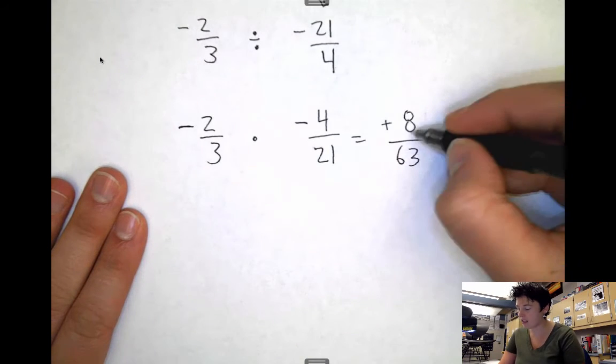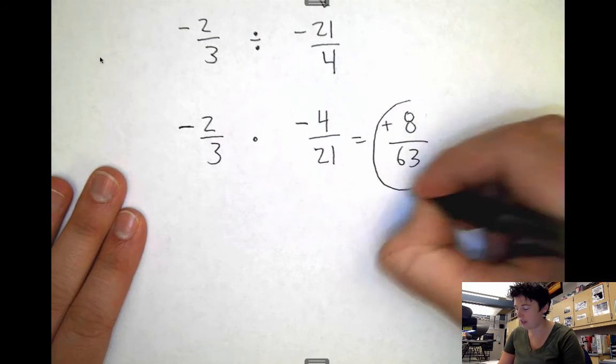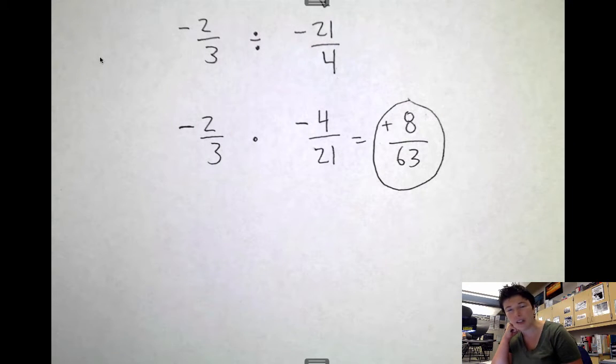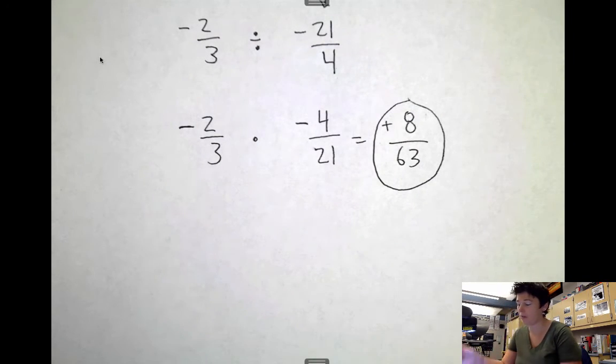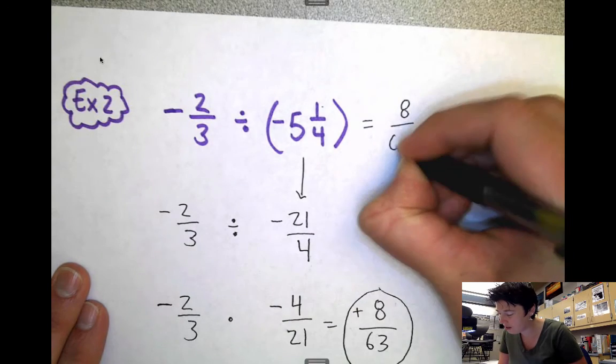We have 8/63, and that is going to be my answer. If I can simplify it, I would, but 8 divides by 2 and 4, and I don't think 63 is going to divide by 2 or 4, so I'm stuck there. So this problem is equal to 8/63. I'm done.